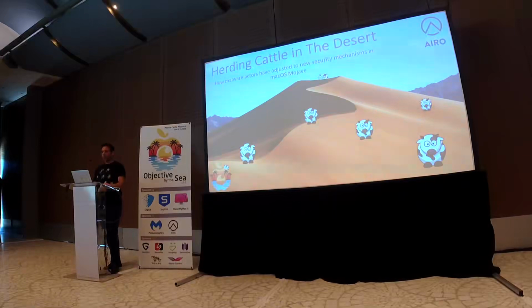Now we are 9 months afterwards, and we decided it's a good idea to really see how these changes were affecting the malware scene, especially common malware, and whether or not these types of changes had any effect on how malware behaves.